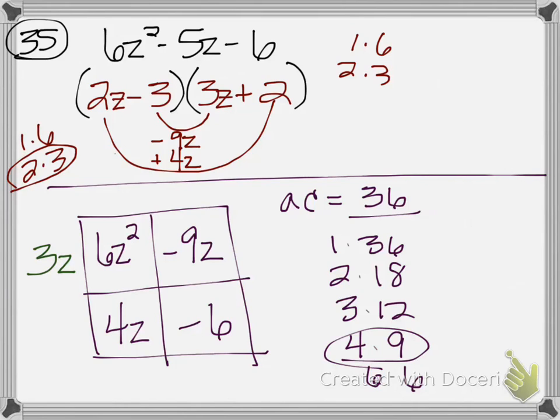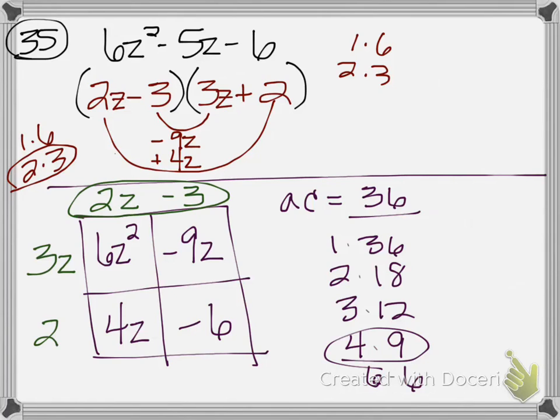And the bottom row, 4z minus 6, that has a 2 in common because they're both even. Now if you look at your columns, 6z squared and 4z, they have a 2 and a z in common. And the negative 9z and the negative 6 have a negative 3.